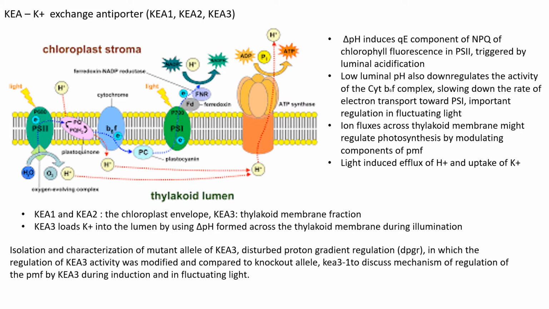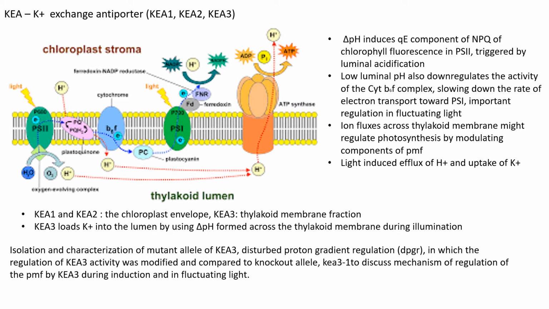pH does not only have roles in ATP synthesis, it is also involved in other processes. Delta pH can affect the PMF, remember? So, in plants, it has been seen that the delta pH can also affect the photoprotective mechanism in presence of high intensity of light.